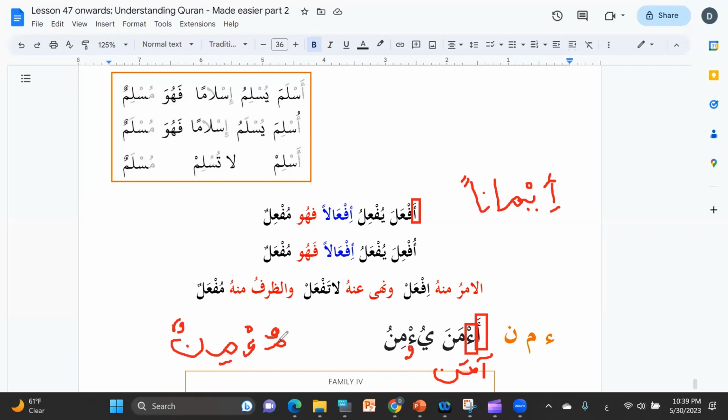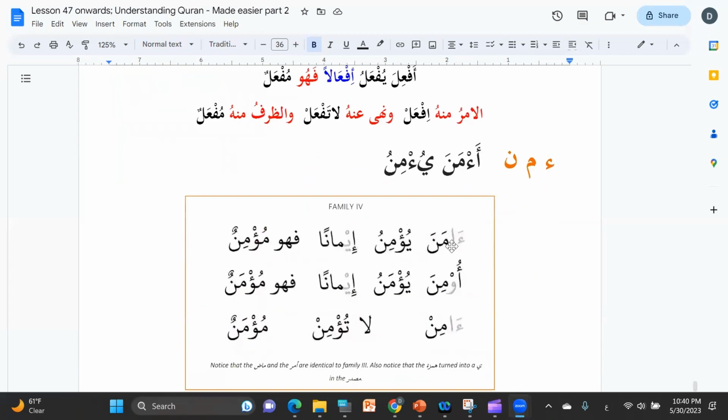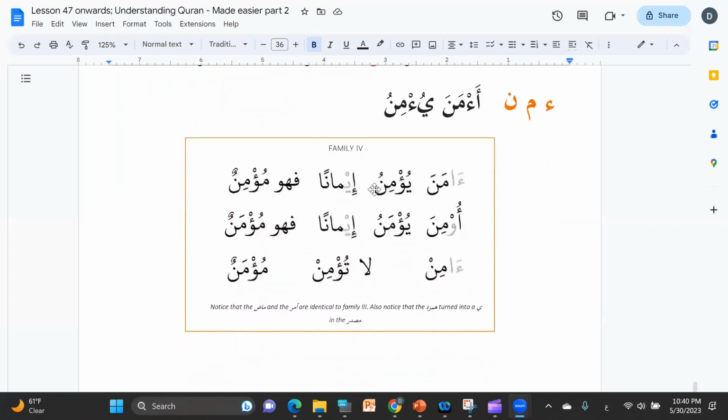Again, just because there's dhamma before hamza, we put a chair waw over here. A'mana yu'minu imanan fahuwa mu'minun. That's how these changes happen. And then umina yu'manu, again in masdar imanan fahuwa mu'manun.